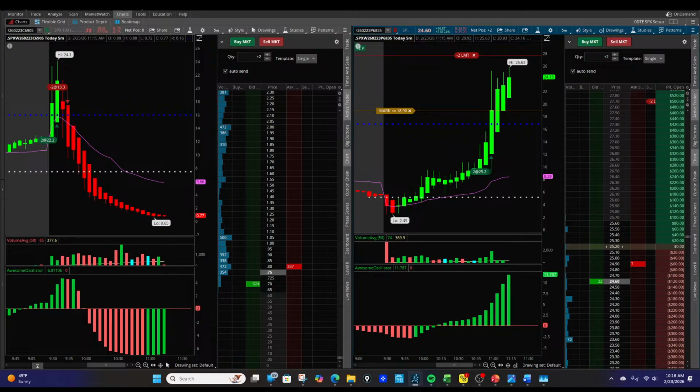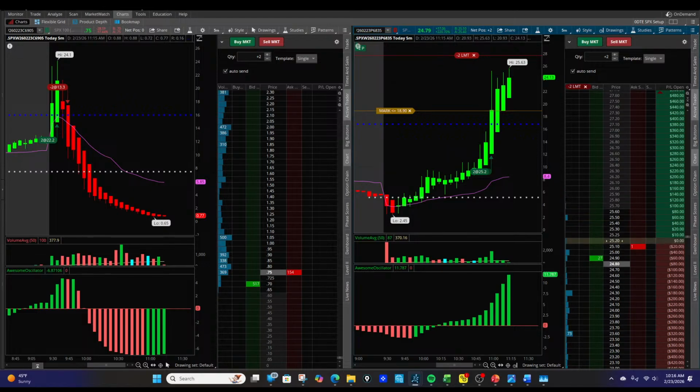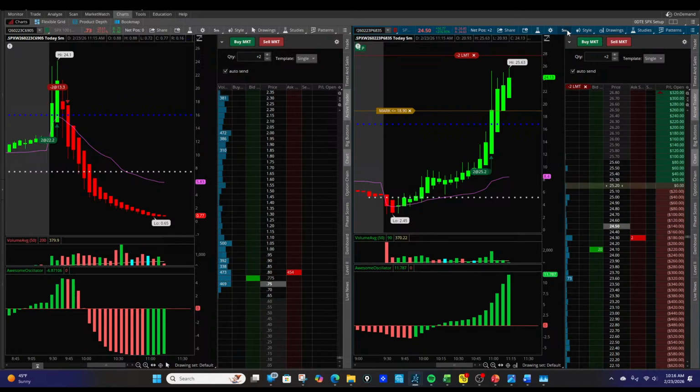Okay, we've got a new high. 25.63. Okay, so you do that in scalping, which is the 1 minute candle. I tried the 1 minute candle for a couple of days and I liked it, but it moved so fast. It was like crazy. I just want to see what this looks like in the 1 minute.